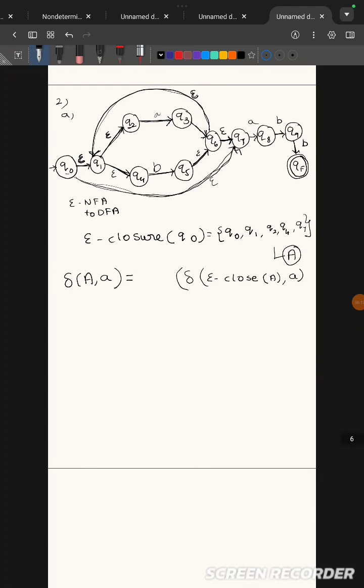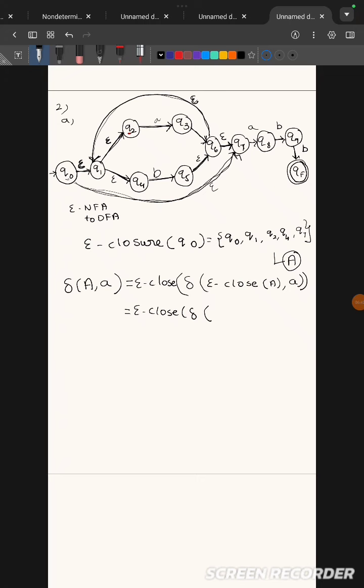Once again we have to find the epsilon closure for the resultant transition. So it is basically epsilon closure, transition, epsilon closure. Now we know what is epsilon closure of A. A is Q0, Q1, Q2, Q4, Q7.